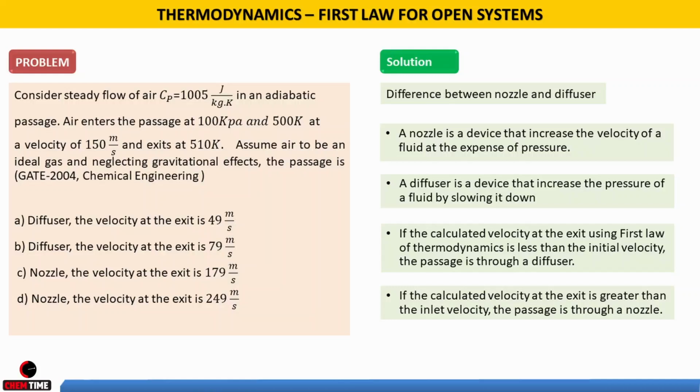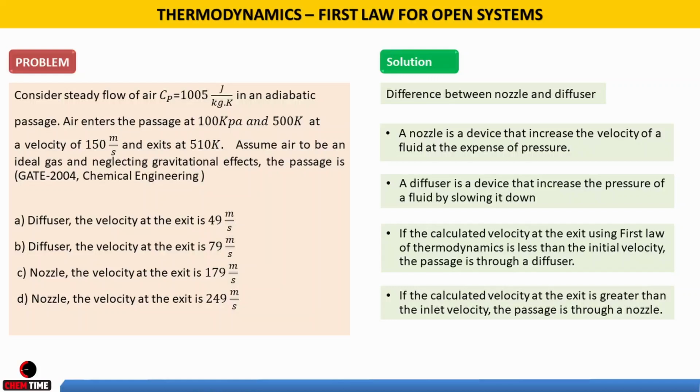Assume air to be an ideal gas and neglecting gravitational effects. The passage is... There are four choices given. The choices are diffuser, the velocity at the exit is 49 meters per second. Diffuser, the velocity at the exit is 79 meters per second. Nozzle, the velocity at the exit is 179 meters per second. Nozzle, the velocity at the exit is 249 meters per second. We have to find out one of the correct options.